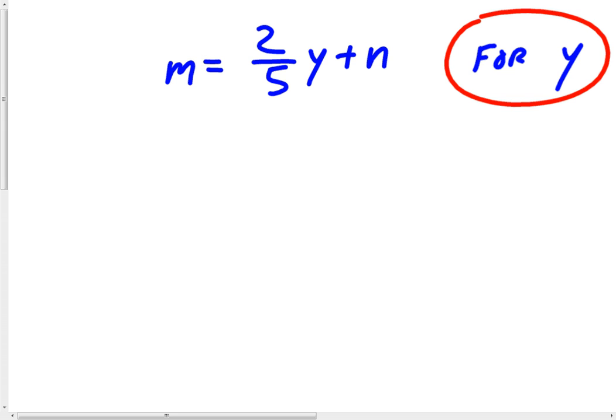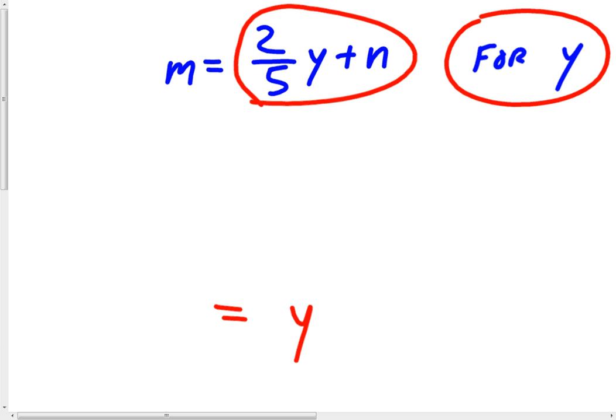How many variables are in this equation? 3. Well, which one is important to me? Y. This one is asking for y. It could have asked for m. It could have asked for n. Sideboard says get the variable alone. So I need that y all by itself.